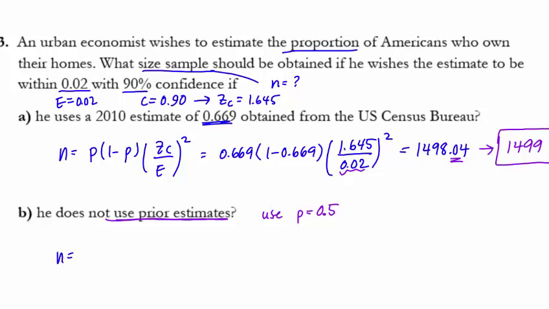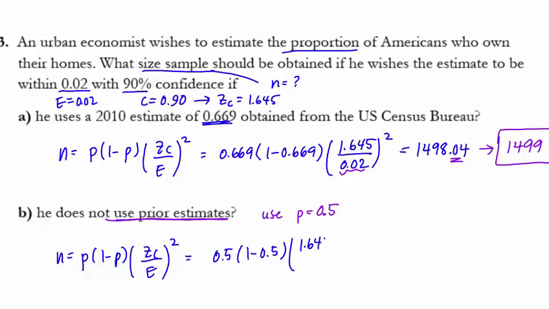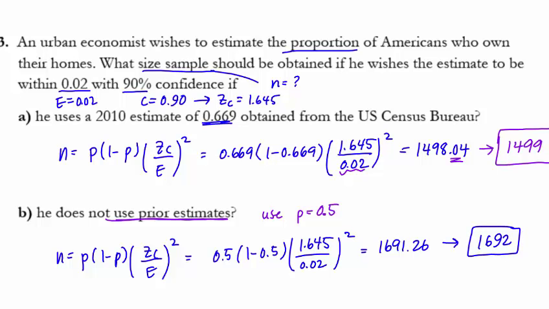So n equals the same formula, p times 1 minus p times the critical value of z divided by the acceptable error, all squared, but now p is 0.5, so 0.5 times 1 minus 0.5 times the critical value of z, 1.645, divided by 0.02, all squared, gets a minimum sample size of 1691.26, which is 1692 to the next integer.